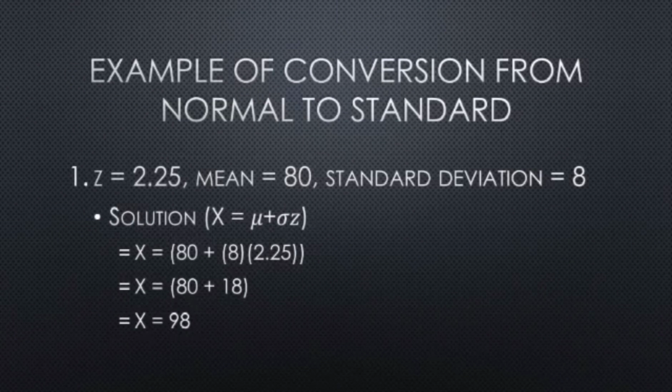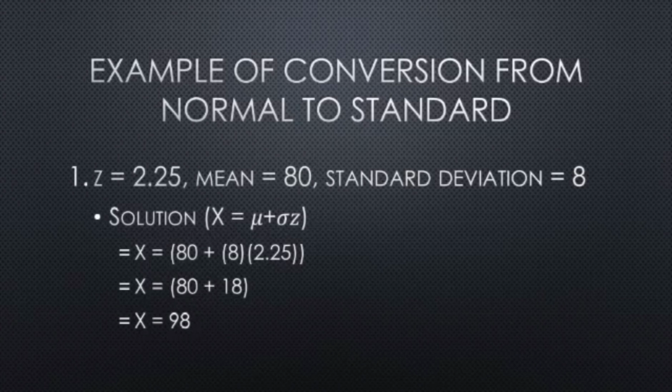Using the example earlier where we got 2.25 for the z-score, mean of 80, and standard deviation of 8. Substituting the values into the formula, we have 80 plus 8 times 2.25.